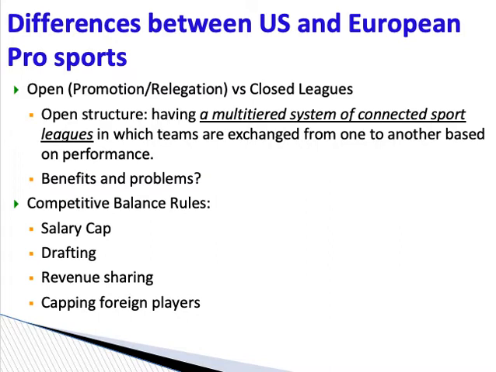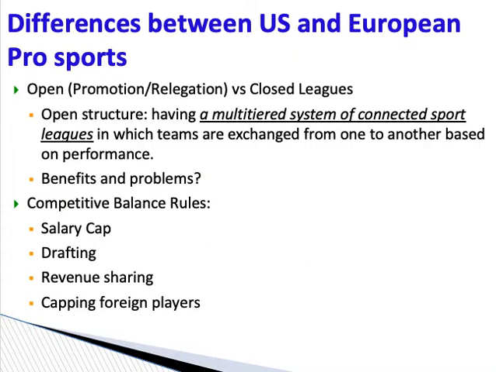In terms of competitive balance rules, in professional sports in the US we're using salary caps and drafts, right? Both professional sports in the US and Europe use revenue sharing, right? They all share revenue. Broadcasting revenue is shared equally, and sponsorship revenue is also shared equally.